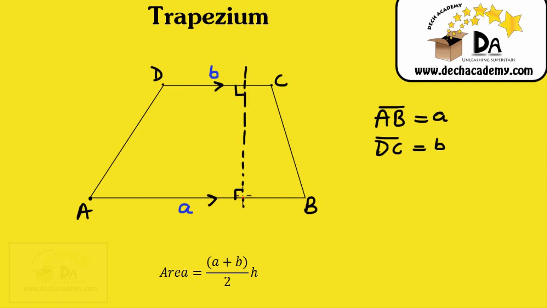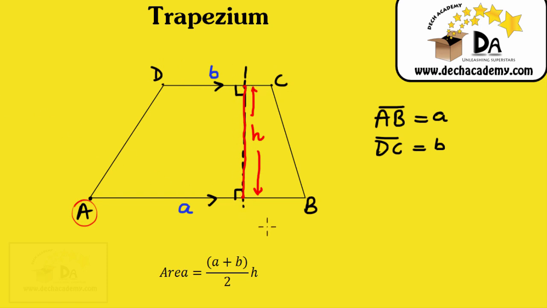So from the base here to the top of the trapezium, this side can be said to have a height of h, which is equal to the perpendicular height of the trapezium relative to the chosen base AB. So I've chosen side AB as a base. Even if I chose side DC as the base, the perpendicular height will also be the same h, because it's from this base to the top, or the bottom in this case.